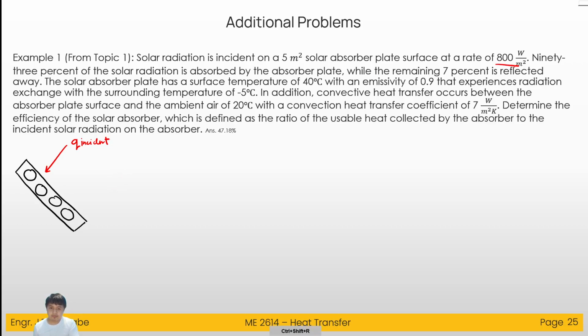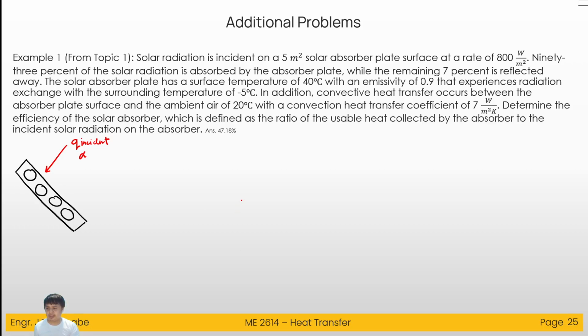And then it is absorbed by the plate, so you have an absorptivity, which is also given. Meaning only 93% of the radiation is absorbed by this plate, and the remaining 7% is reflected away. So we don't care anymore about the 7%.